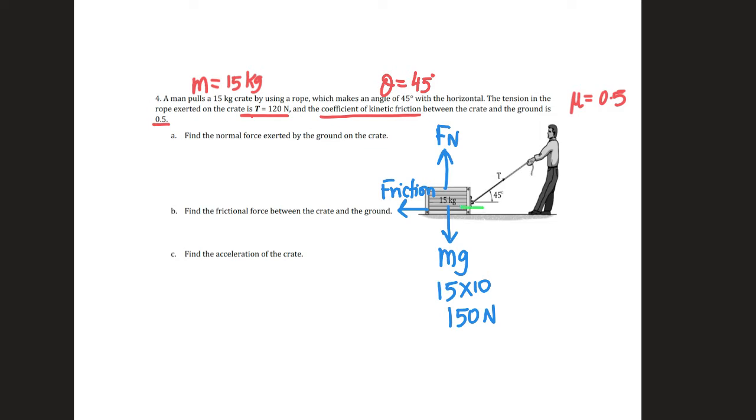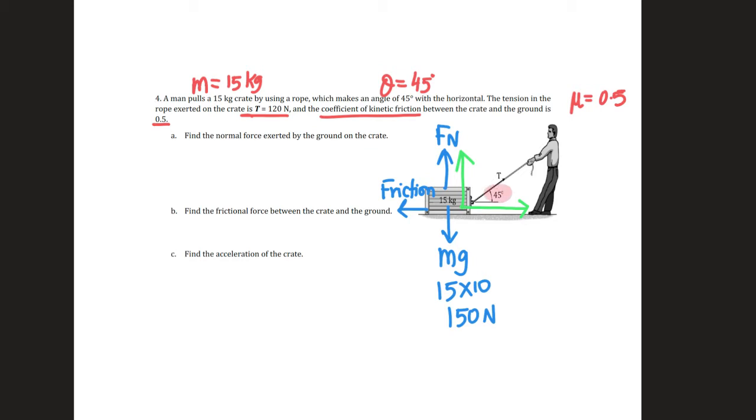Now the tension force is making an angle of 45 degrees with the x-axis. So we have to find the components of the tension force. For that we first check where the angle is. We can see that the angle is 45 degrees with the x-axis. So we are going to find the x and y components of the tension.